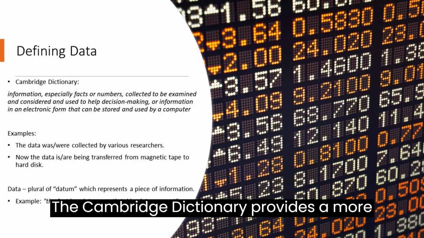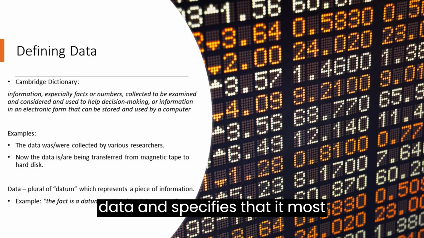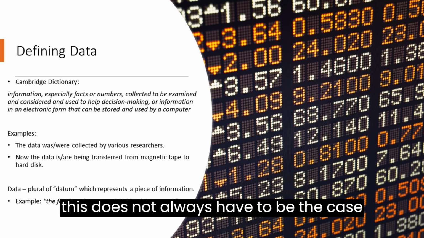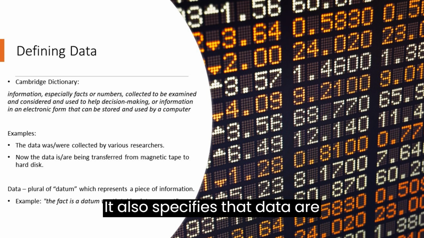The Cambridge Dictionary provides a more explicit and more current definition of data and specifies that it most often consists of numbers, although this does not always have to be the case, and it is used to help decision making.